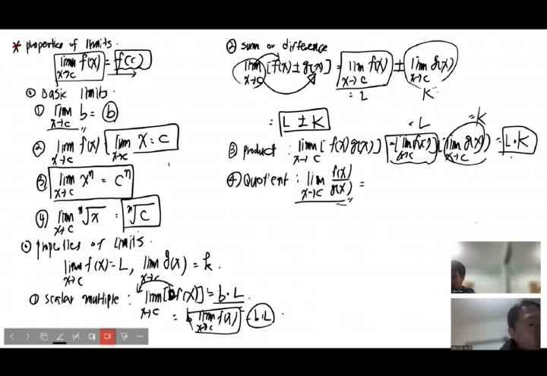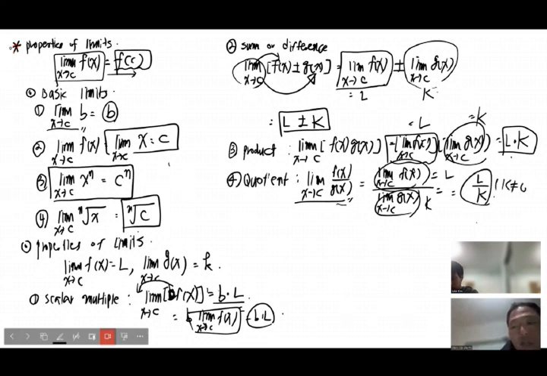So this one could be the limit of f(x) as x goes to c, and the limit of g(x) as x goes to c. So the numerator and denominator could be expressed with L and K. So that should be L over K. Here K should not be the same as 0. Otherwise, if K is 0, then that makes this value go to infinity.